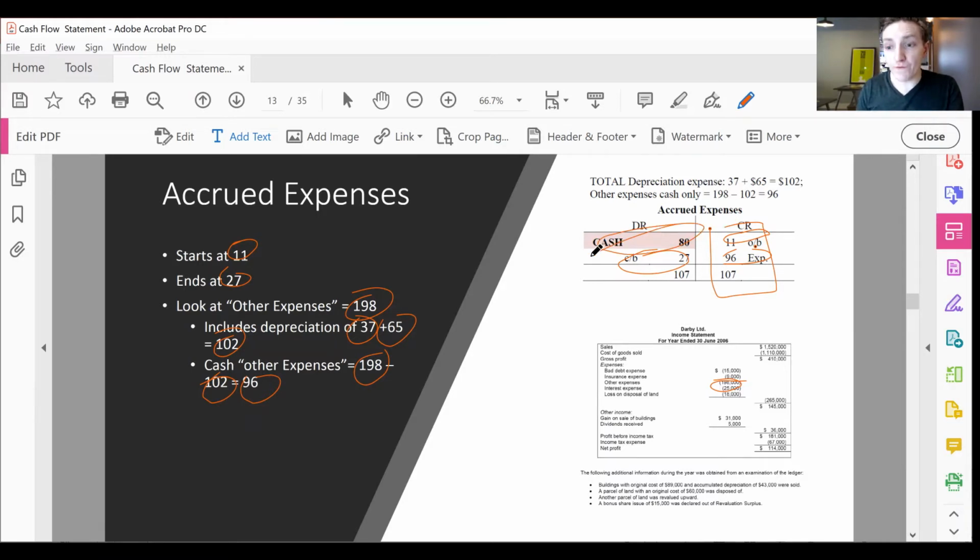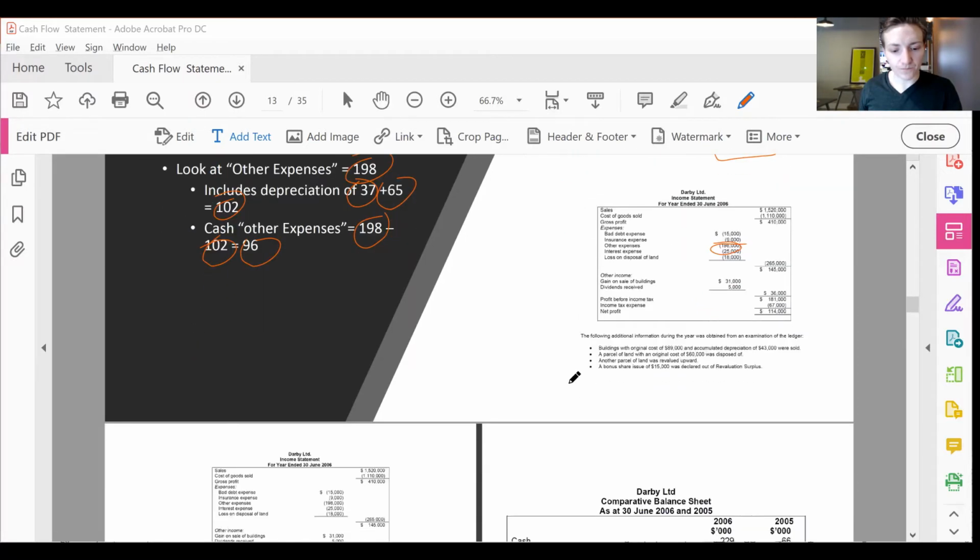So this then will filter through into our cash flow statements. So we'll need to keep this cash amount in mind for later on. So that's our accrued expenses. That also illustrates to you why the depreciation expenses are relevant, notwithstanding them not being actually cash flows themselves. So that's another cash flow we'll need to bear in mind.